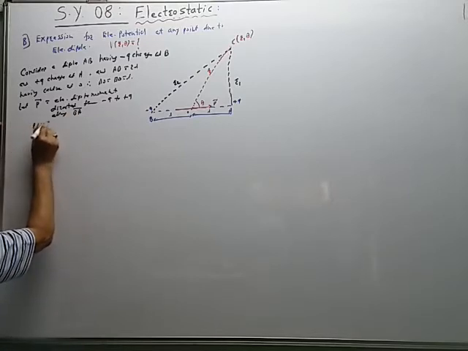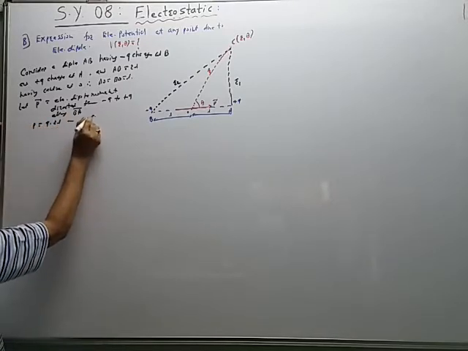So P is equal to Q multiplied by twice L. So this is equation A.